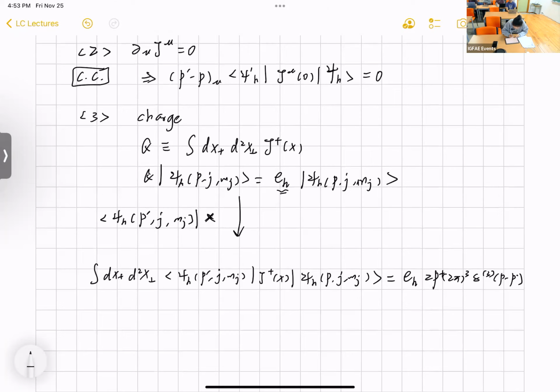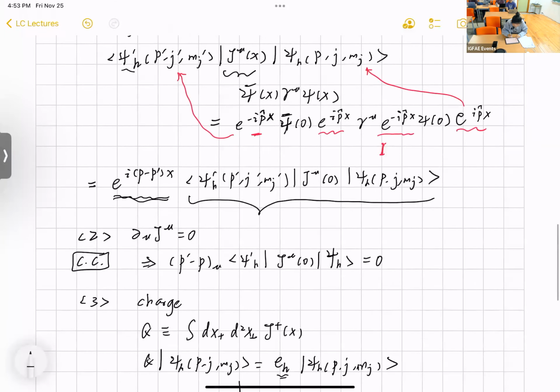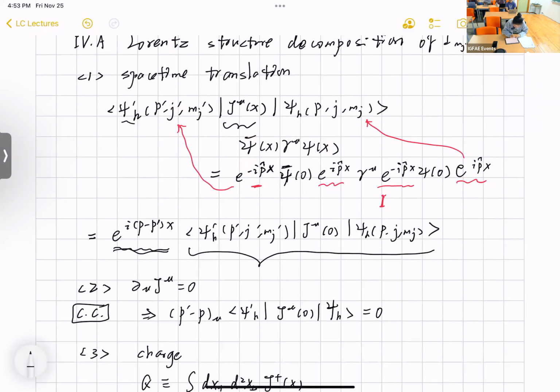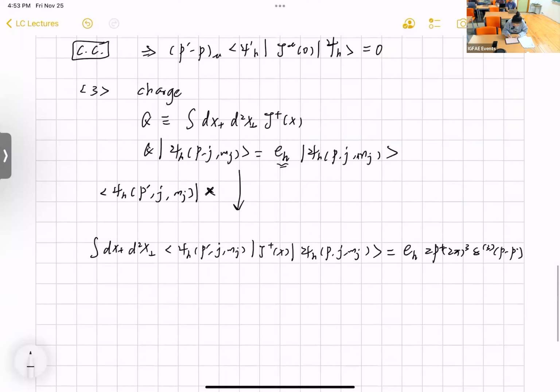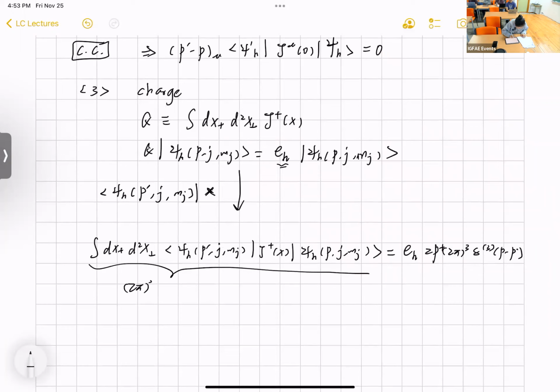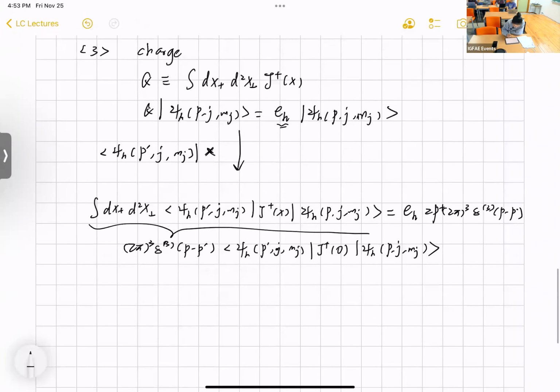And so on the left-hand side, with what we have seen from the first one, this would give us a phase factor. And if I integrate out the phase factor, what I get is also a delta function, and then with J plus at 0. Okay, so I can get rid of the delta function on both sides of the equation.